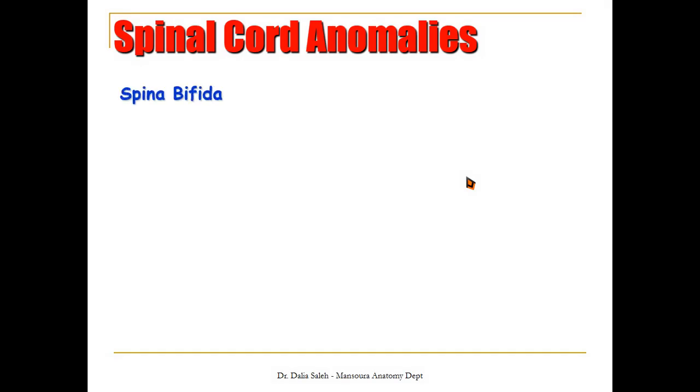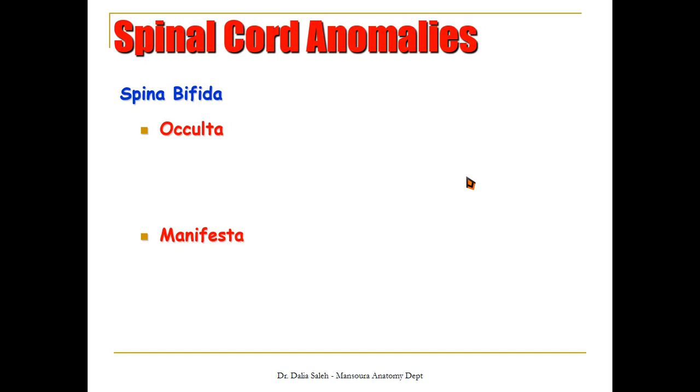For the spinal cord anomalies, we have spina bifida, which is actually a deficit in the formation of the vertebral column or the spine of the vertebral column. For spina bifida, we have 2 types: spina bifida occulta, or hidden, and spina bifida manifesta, or manifest, or shown up.